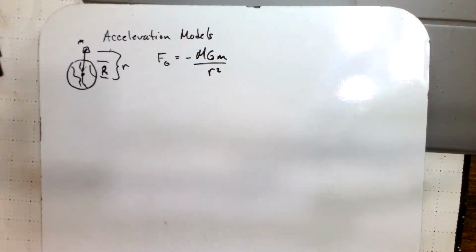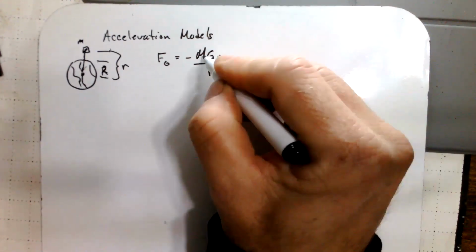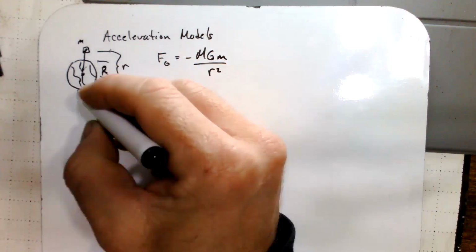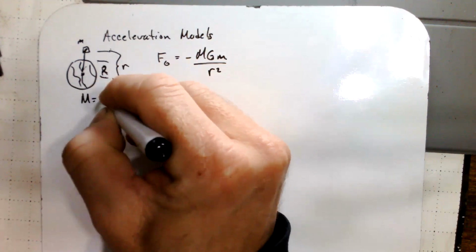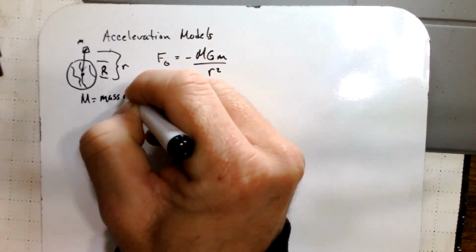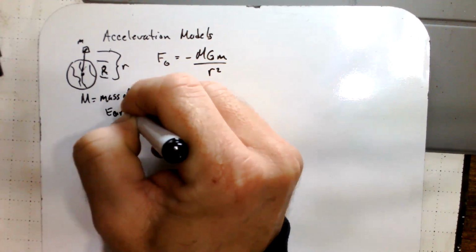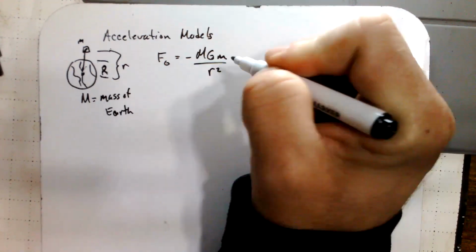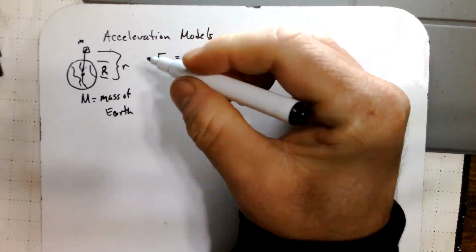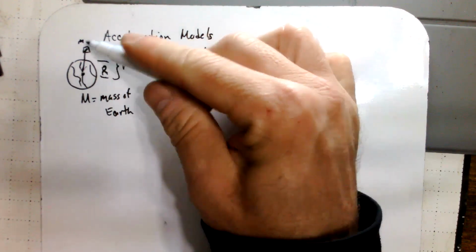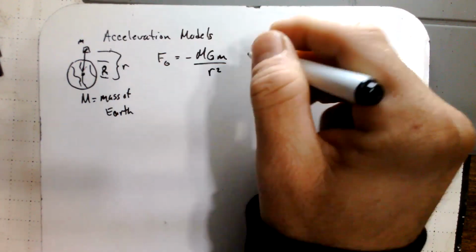The capital M is the mass of Earth, and the big G here is the gravitational constant, and the little m is the mass of our particle here, and the radius is as indicated.